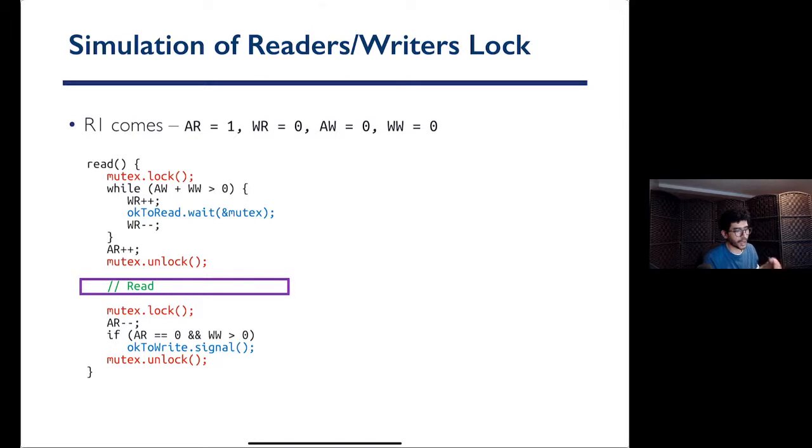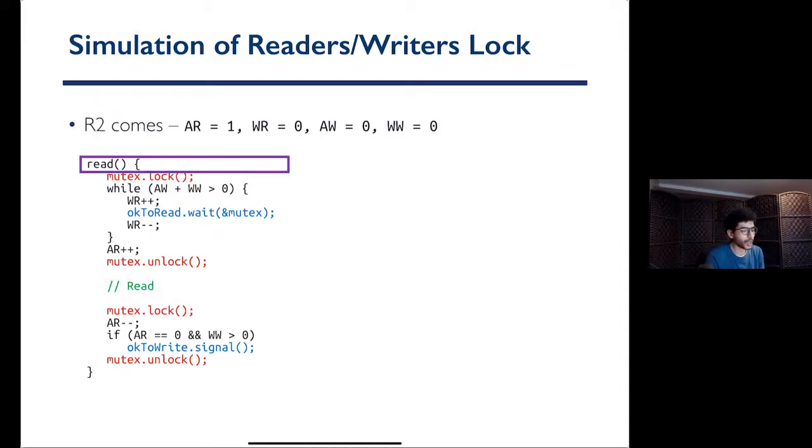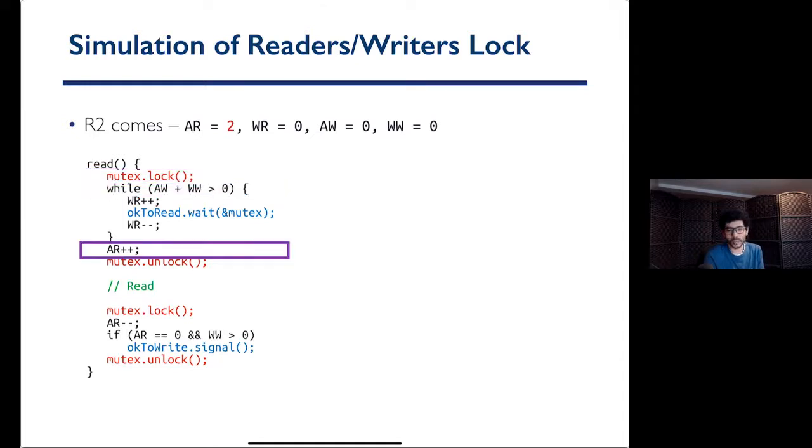Now let's say while R1 is reading, reading different databases, R2 comes. R2 tries to lock the mutex. It can do it. It checks for active or waiting writers, there are none. So this becomes the second reader.